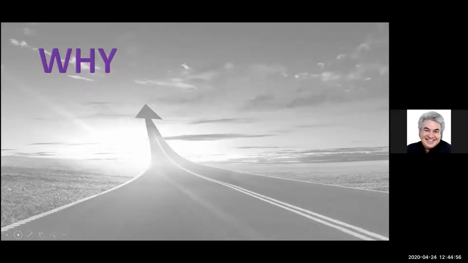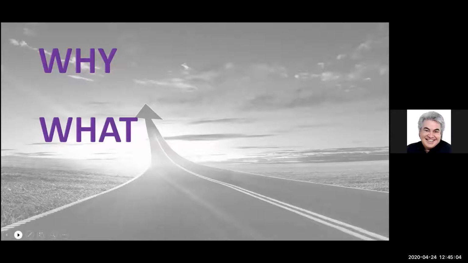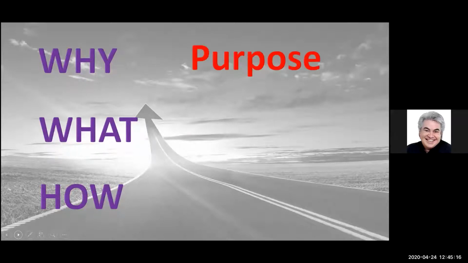Anytime we communicate with people, we first need to decide three things. We need to know the why, we need to know the what, and we need to know the how. And these decisions should always be made before we even think about what data we are going to share with the group. With why, we need to know the purpose of speaking to this particular group of people and sharing this information with them.